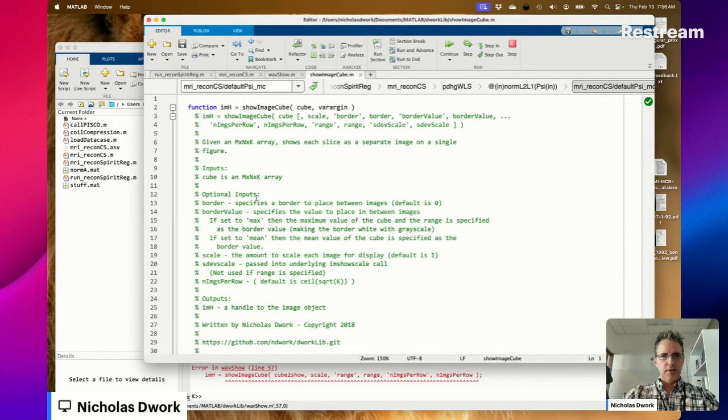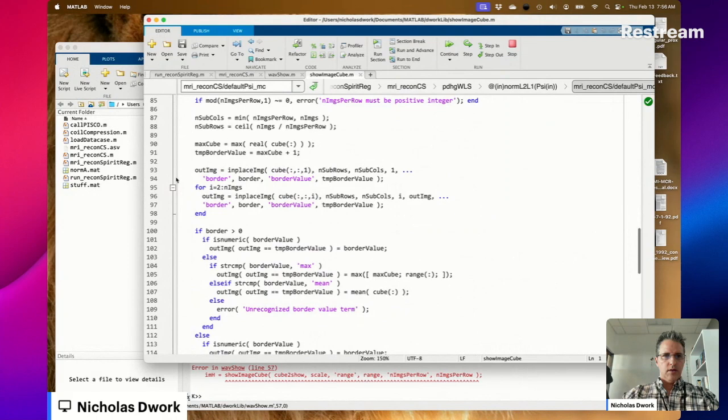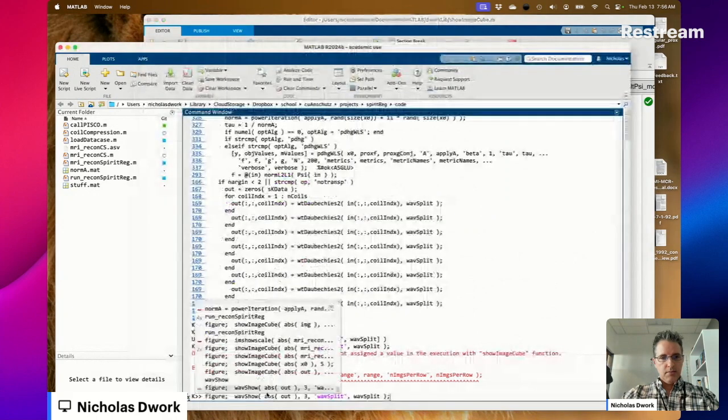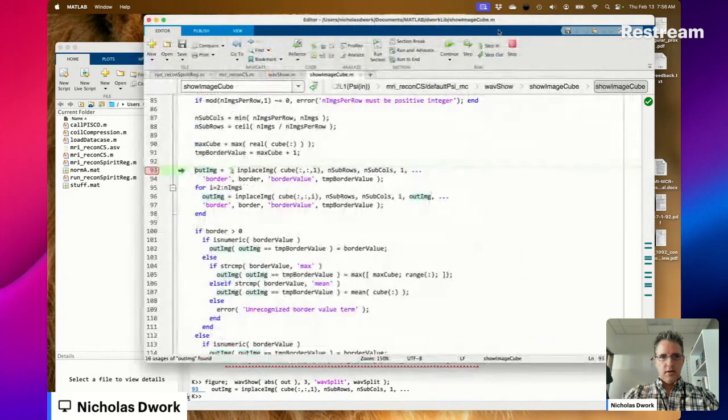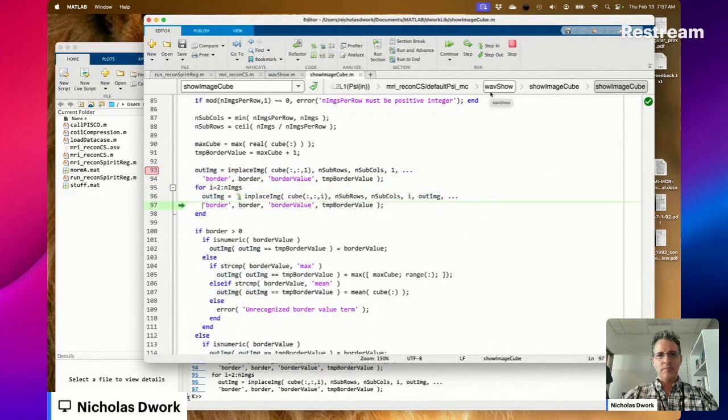Show image cube. Let's debug a fundamental function inside of dwarklib that I use all the time.